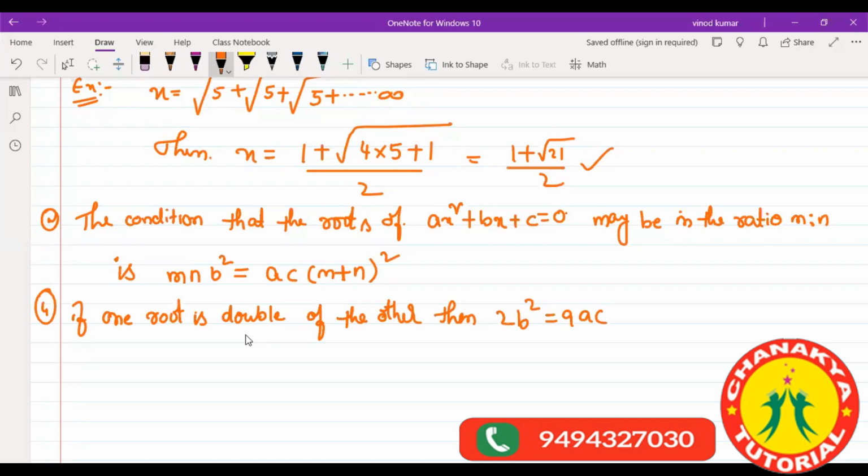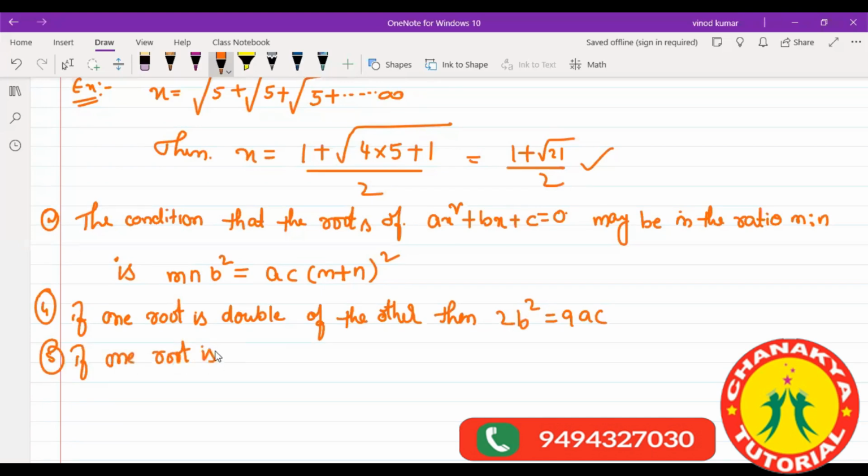In the given questions also, if the equation is given and the roots are also given, one root is alpha, another root is 2 alpha, then what is the condition? 2b square equals to 9ac, we will write.